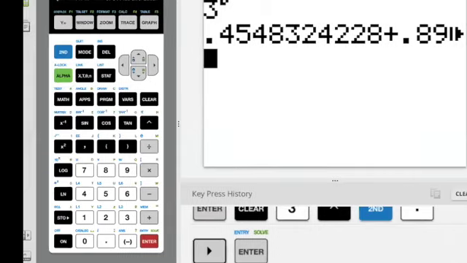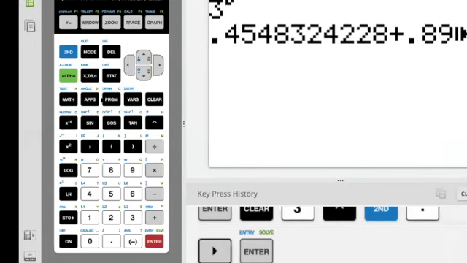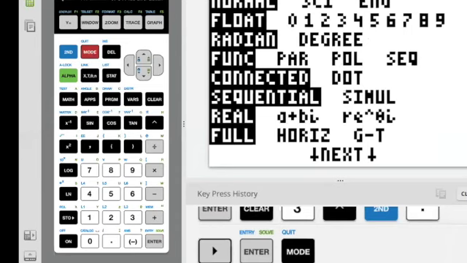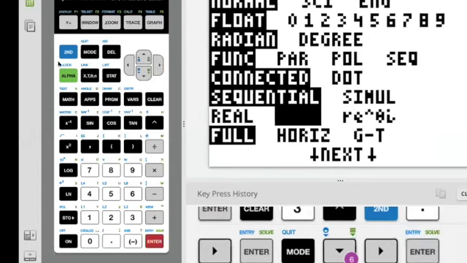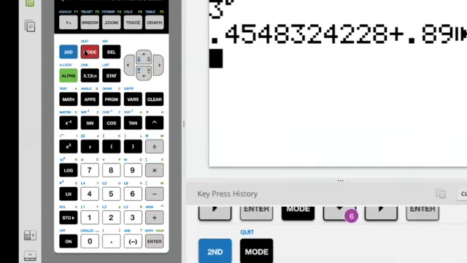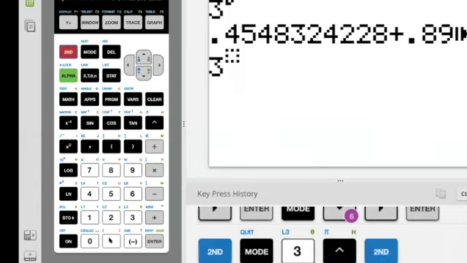Let's see, why did yours say error? Well, if you go to mode, there's all this stuff. I'd be curious if you changed your setting down here, where it says real, to a plus bi and hit enter, and then second quit, and now try 3 to the i power.